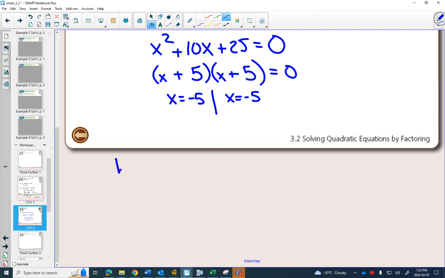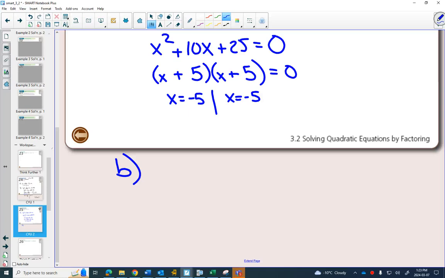Again, we have a quadratic equation. And I'm going to solve it correctly, and then I'm going to solve it using a little mistake, because you might be tempted to do a little mistake.